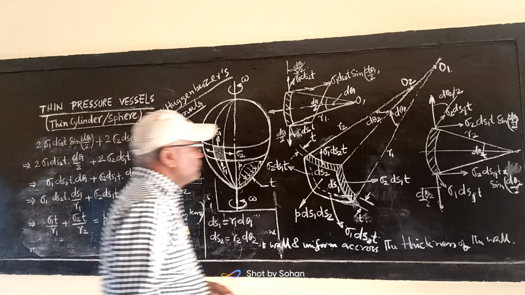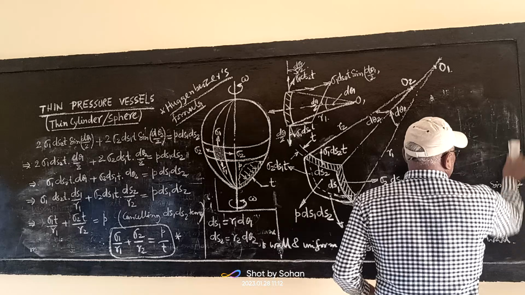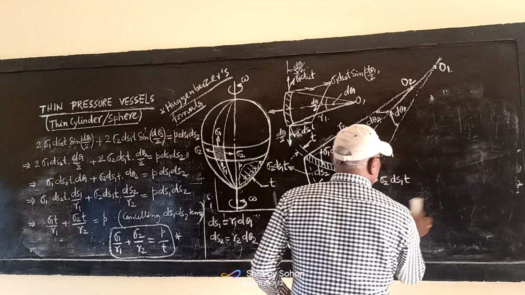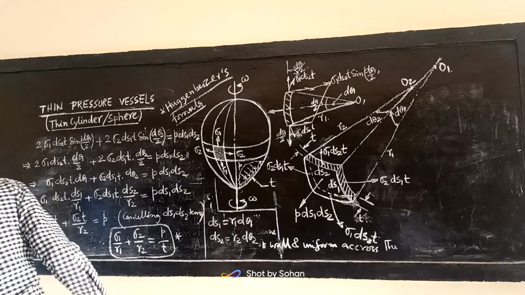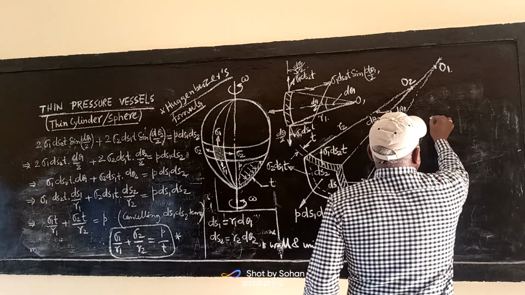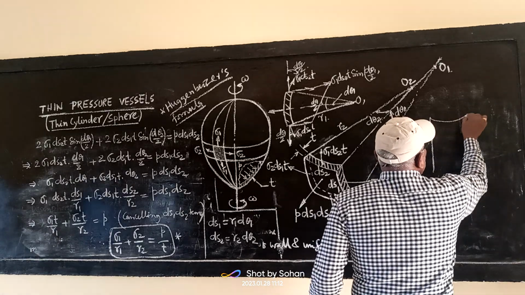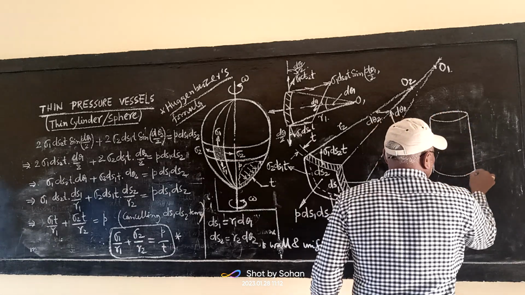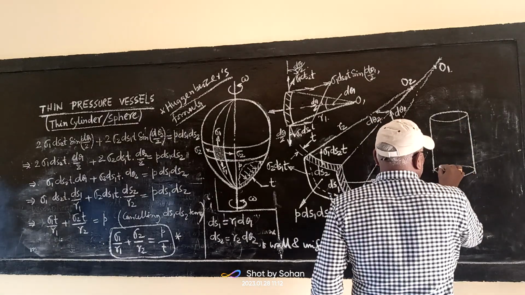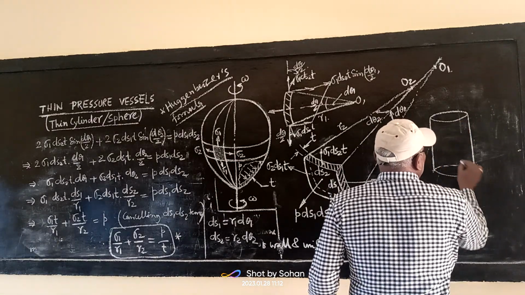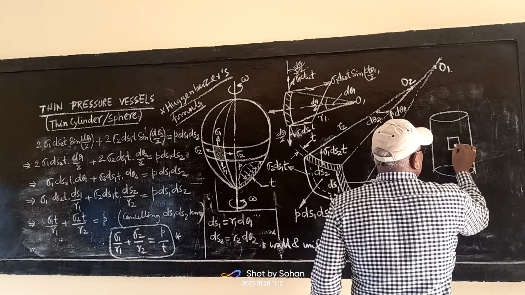Now, we will take an example of a cylinder and apply this theory. As an example, take a cylinder here. This is the cylindrical element.